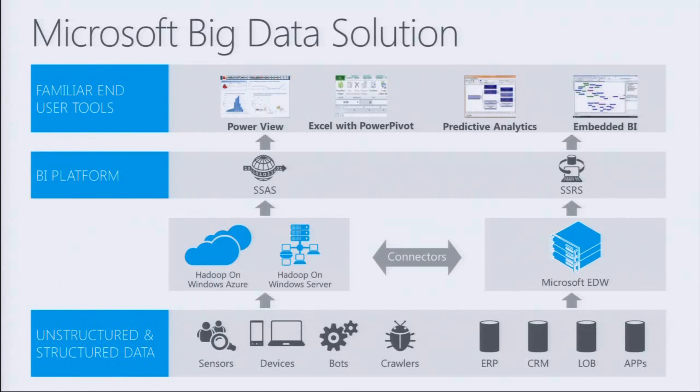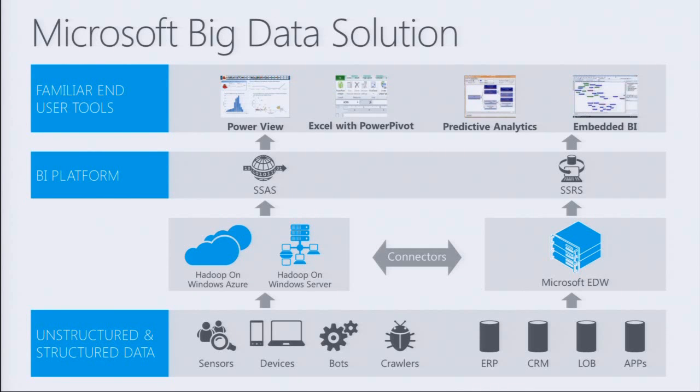Here is a more complete view of the big data offerings that we have. At the bottom layer, we support both structured and unstructured data sources. The next level up, for storing the data, we have Hadoop on Azure and Hadoop on Windows Server for unstructured data, and Microsoft Enterprise Data Warehouse for structured data sources.